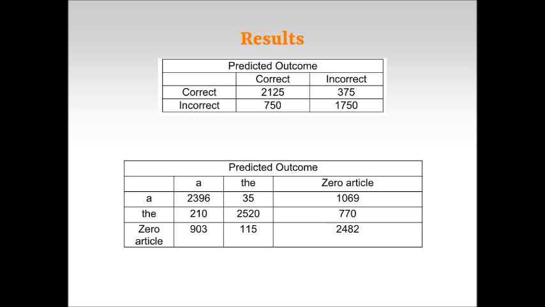For this experiment we had 5,000 data tuples, where 2,500 of those were incorrect and the rest were correct. From the confusion matrix, we can see that out of 2,500 correct instances, 2,125 were marked correct, and out of 2,500 incorrect instances, 1,750 were marked incorrect. So that determines the error detection efficiency.